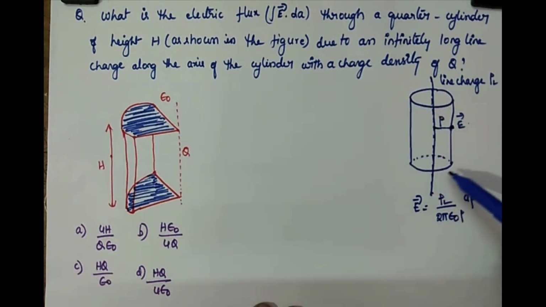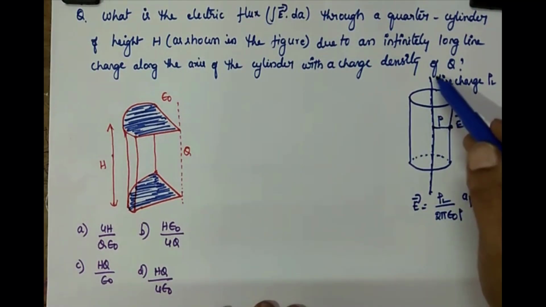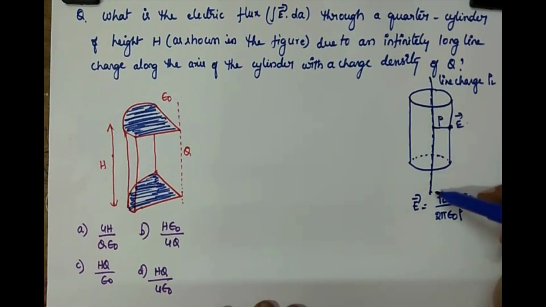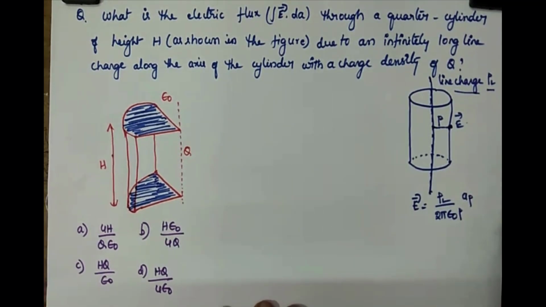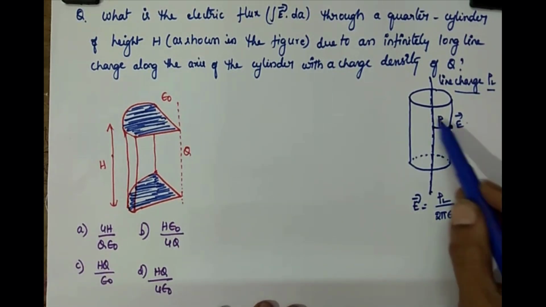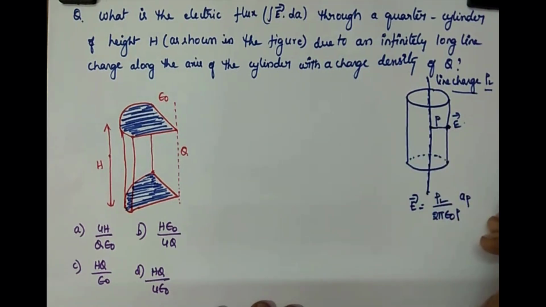Yes, this is the cylinder of radius rho, assuming that along the axis of the cylinder we have an infinite line charge rho L. If you want to find the electric field at any point on the surface of the cylinder, it may be here or here, whatever it may be, E bar is given by rho L by 2 pi epsilon naught rho A rho.